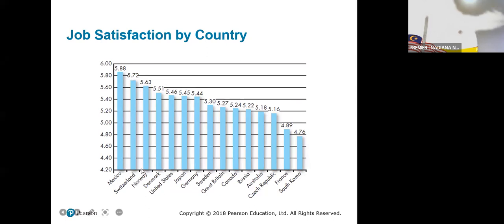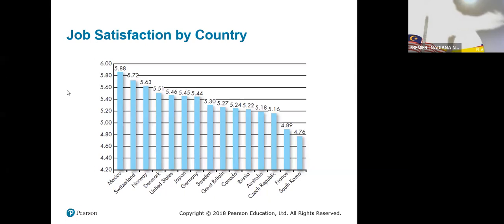Then Norway, 5.63, Denmark, 5.51. These are European countries. Mexico is in South America. And then the United States. The United States is a developed country, with only 5.46.